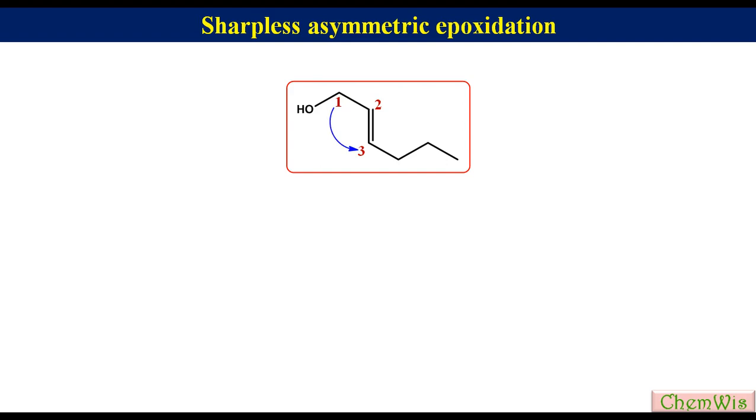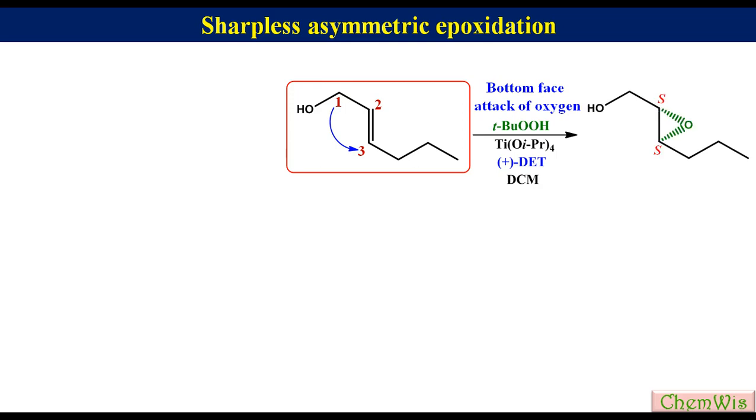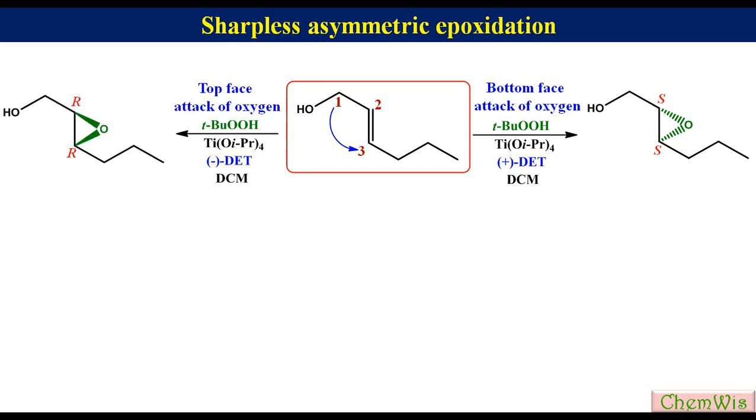Since the direction of arrow is anti-clockwise, presence of plus diethyltartrate will favor bottom face addition of oxygen to give SS epoxide as the major product, while presence of minus DET will favor top face addition of oxygen to give RR epoxide as the major enantiomer.